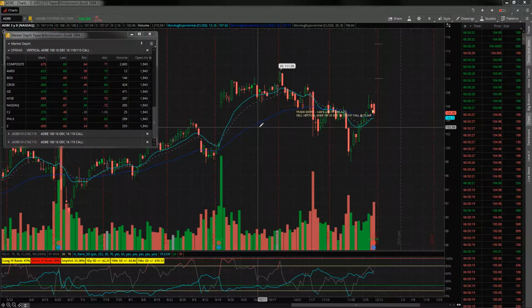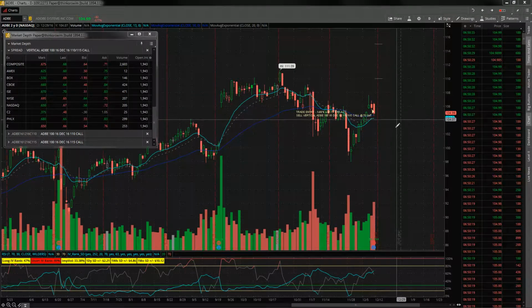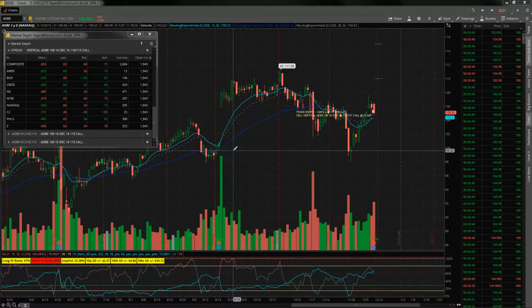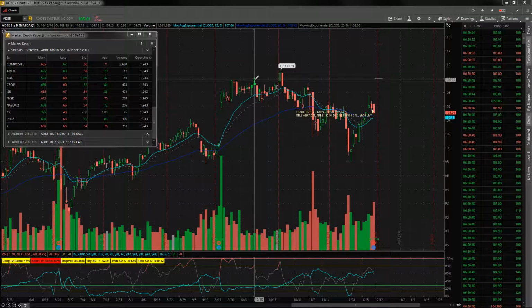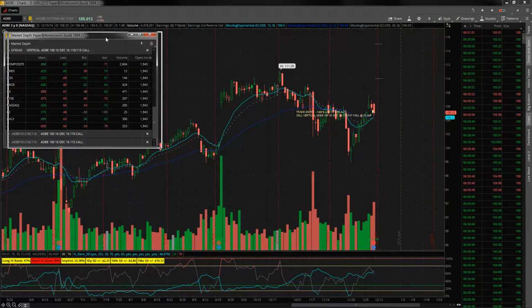I'm looking for it not to move too much, but hey, you just do not know. As you can see, last earnings it ran about $8, so it has the potential. So basically just going to have to run the gauntlet and see how we go and manage the trade at the end of it. So this is Adobe, a one-day trade.